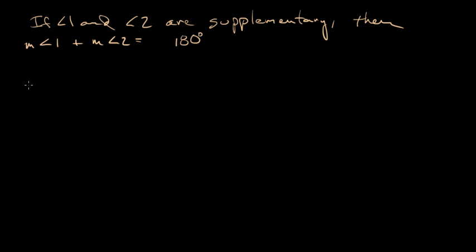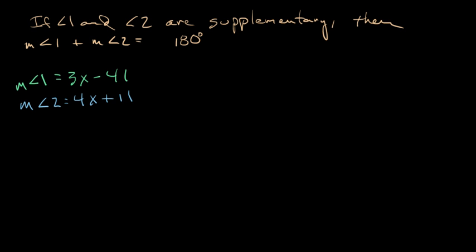So let's suppose the measure of angle 1 equals 3x minus 41. And suppose the measure of angle 2 equals 4x plus 11. Got that? So, how do I find out what x is?